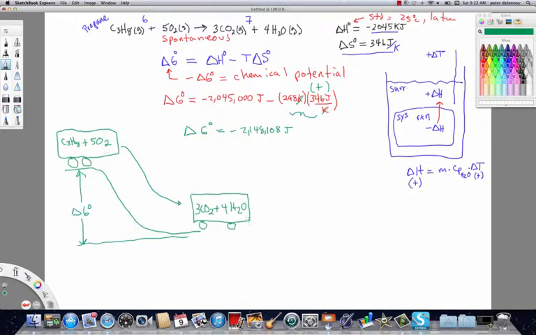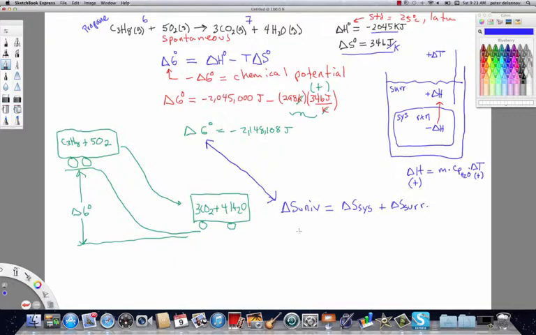Now, one last thing. It's likely in a chemistry course leading up to delta G naught that you were introduced to delta S of the universe, because delta S of the universe and delta G naught are intimately linked. For a spontaneous process, the delta G naught needs to be negative with some kind of magnitude. Delta S of the universe is literally the sum of the delta S for the system plus the delta S of the surroundings.